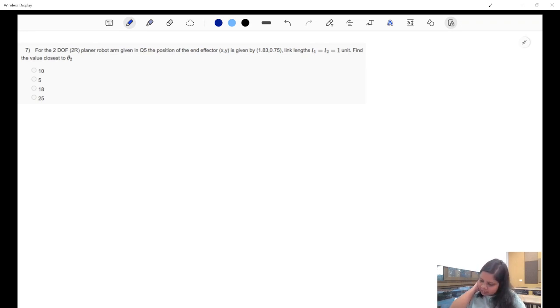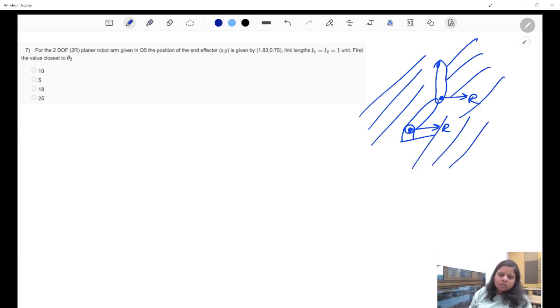So yeah, let's start. So this is a 2R planar robot. What is a 2R planar robot? It has two revolute joints, and it is able to move in the plane only. That means if my robot is like this, I have a revolute joint here, I have a revolute joint here, and it is able to move in this plane only.